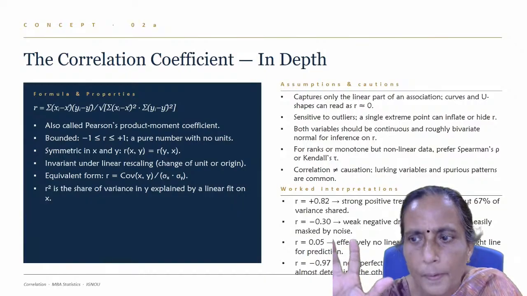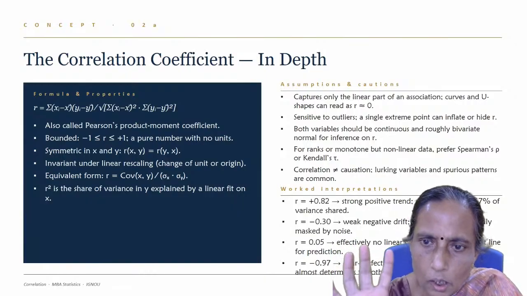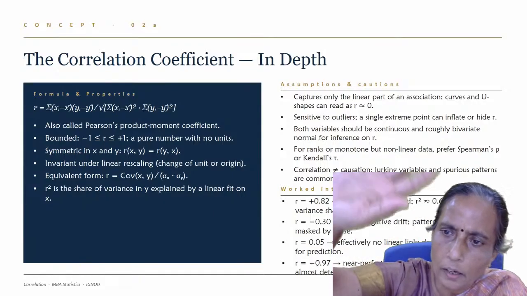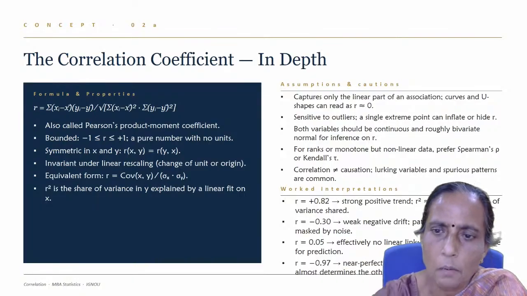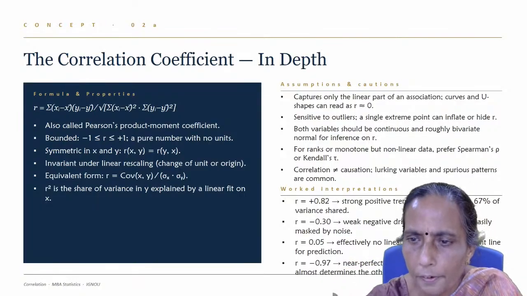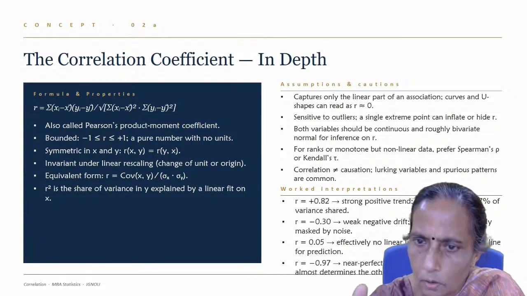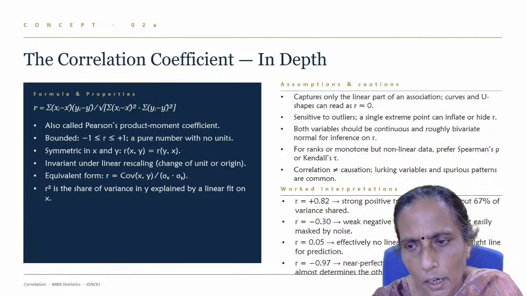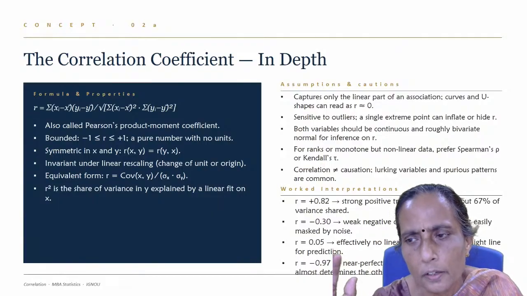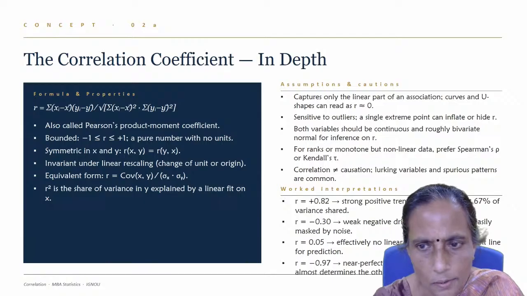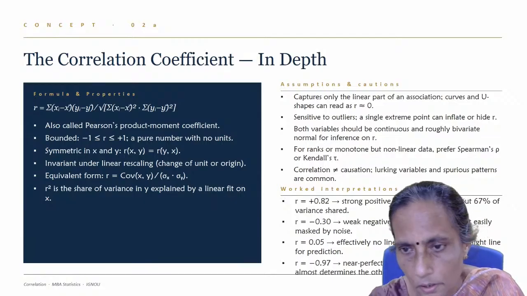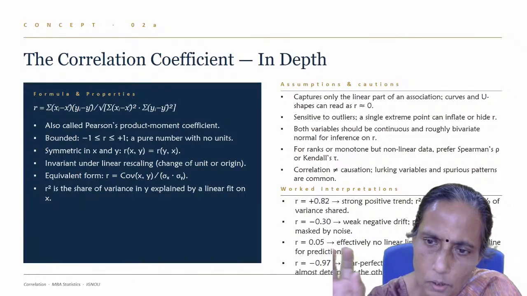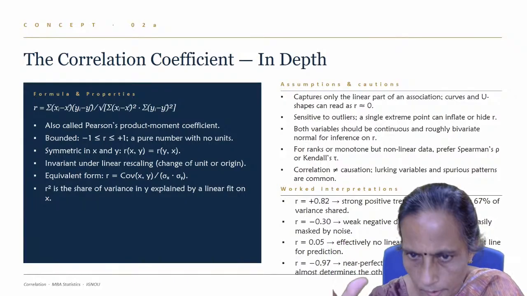That means if, in any extraordinary condition, the values of the variables go very high or behave differently from the other values, those are called outliers. A single extreme point can inflate or hide your r. It is very sensitive. So in that case, the calculation of the association between the variables will not be proper.